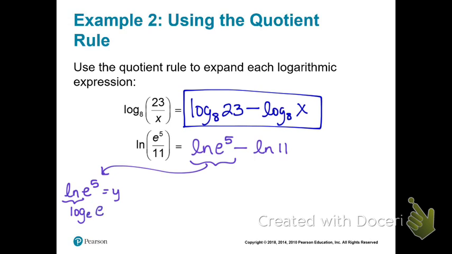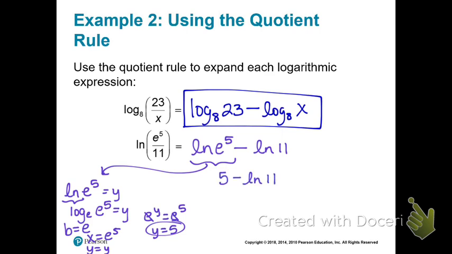And then we still have our e to the 5th equals y. So my base is e, my x is e to the 5th, and my y is y. So b to the y equals x. Bases are the same, so ignore them. And so we get y is equal to 5, which means the natural log of e to the 5th is equal to 5. So I got 5 minus the natural log of 11.